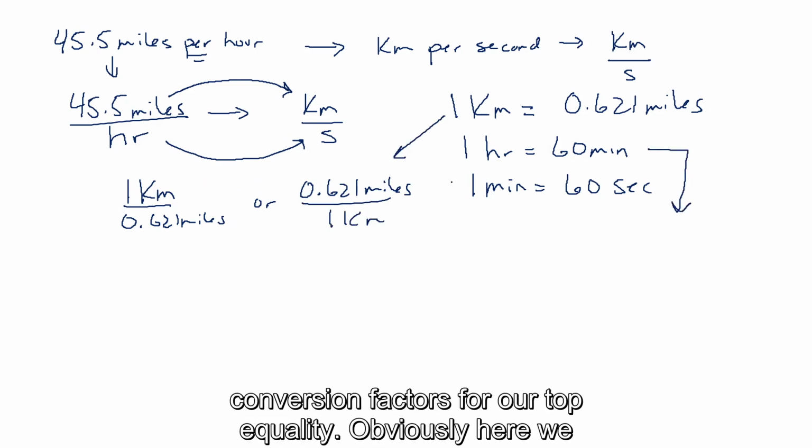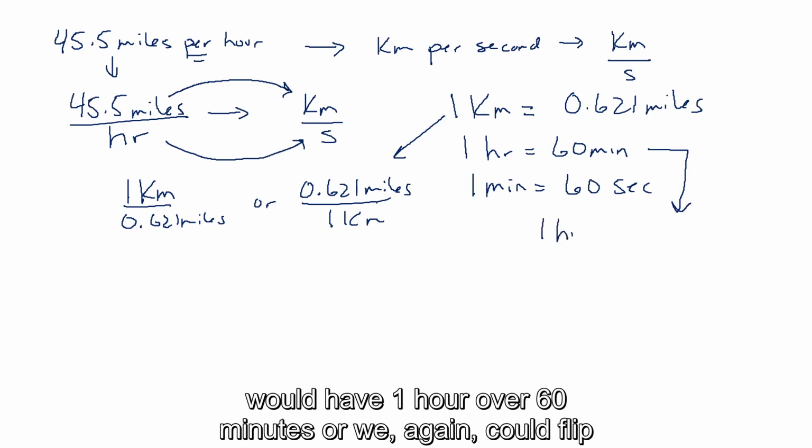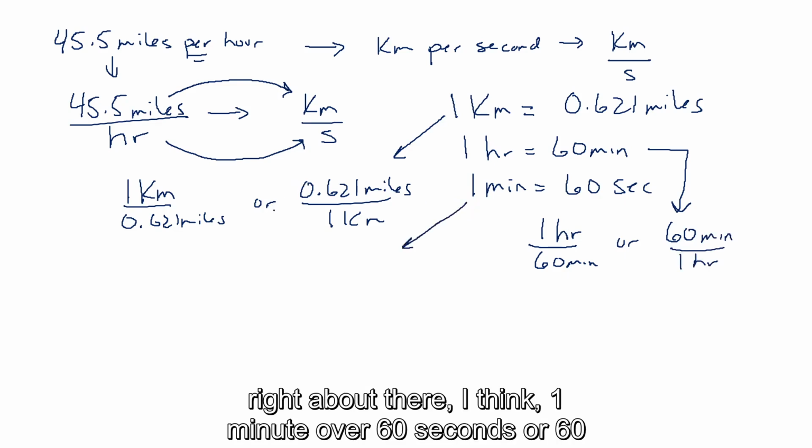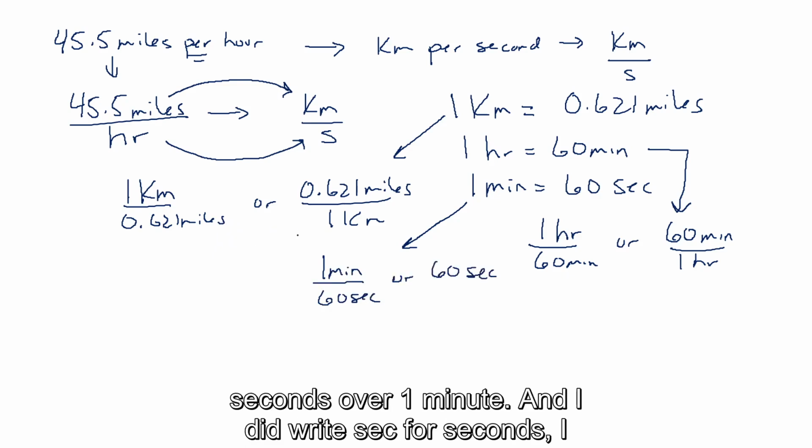Obviously here we would have 1 hour over 60 minutes, or we again could flip it around, 60 minutes over 1 hour. And lastly, 1 minute over 60 seconds, or 60 seconds over 1 minute.